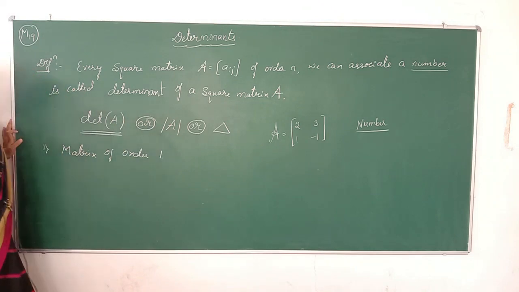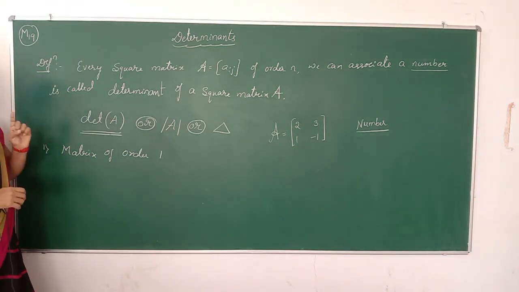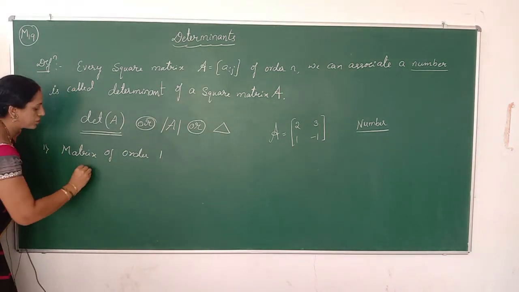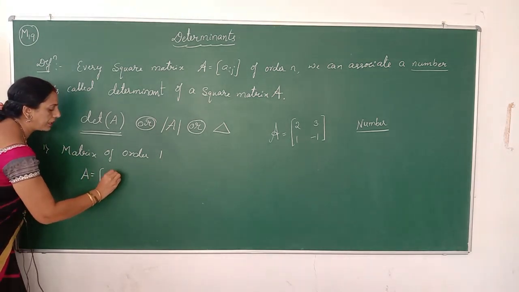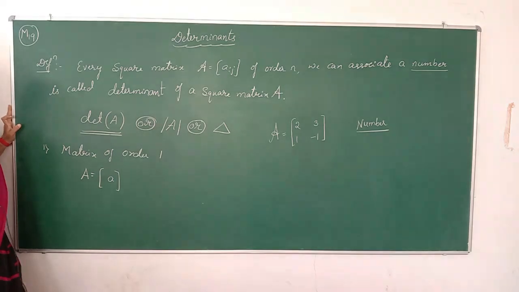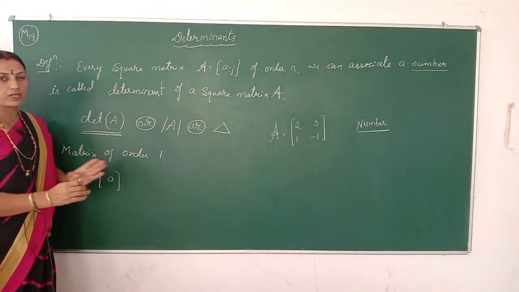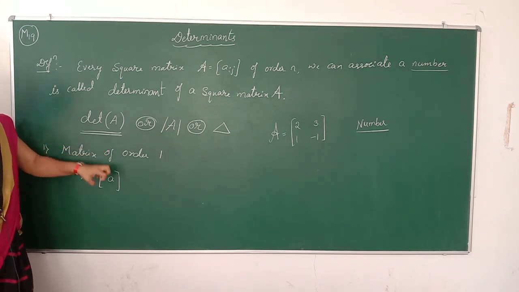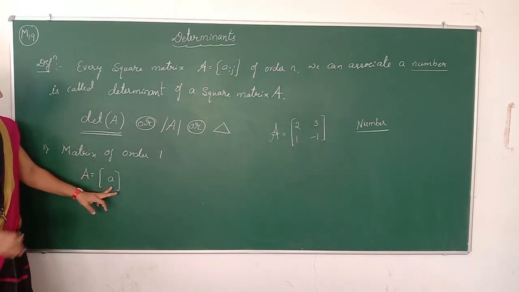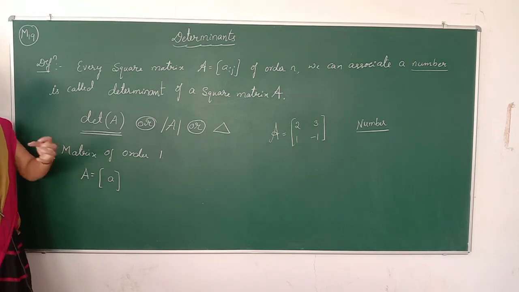If any given matrix is a 1 cross 1 matrix, generally the element of the matrix is written as a single element denoted by A, not particularly as a11, a12, a13 like this, because it's a single element. It's not necessary to denote in which column or in which row.